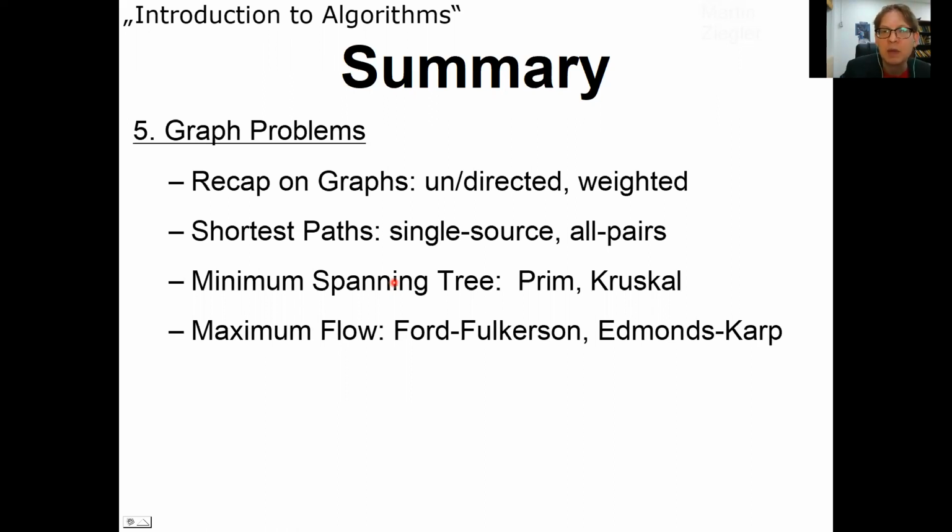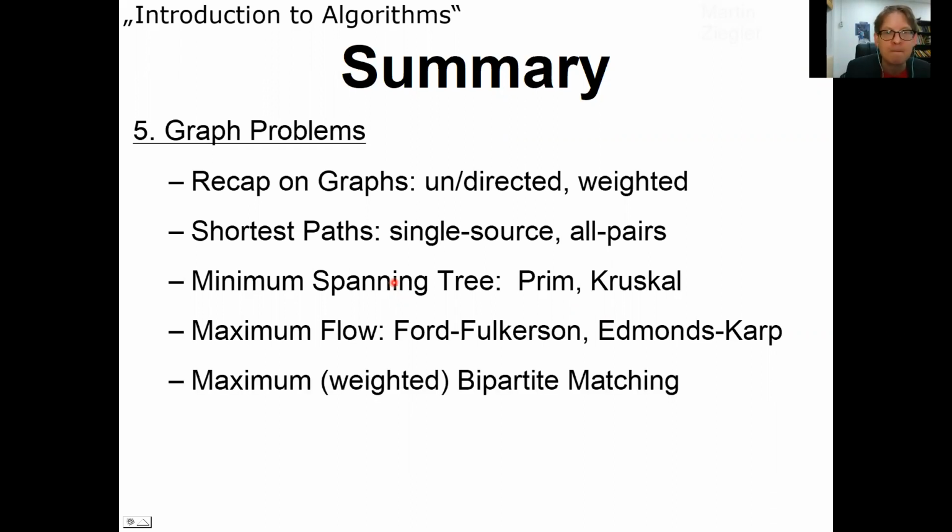And then we discussed Edmonds-Karp's refinement of Ford-Fulkerson, where the augmenting path is chosen to be a shortest path. And we showed that with this choice, the running time of the algorithm does become polynomial, n times m squared.